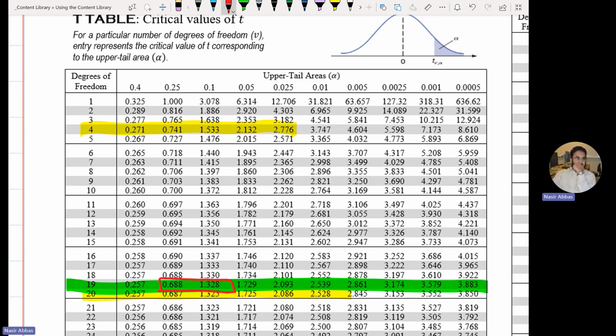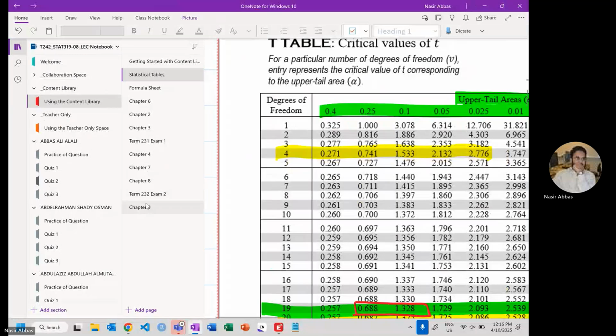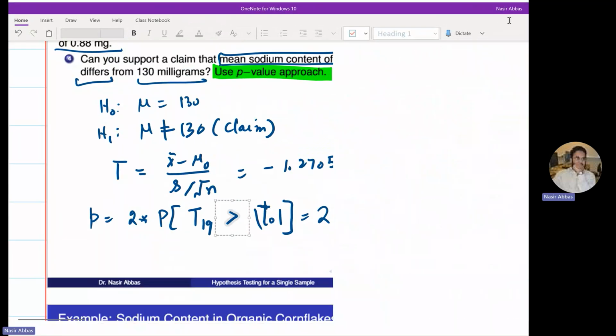The value is between this, and the corresponding upper tail probability. Remember, this is the upper tail probability. So the corresponding upper tail probability is between 0.1 and 0.25.